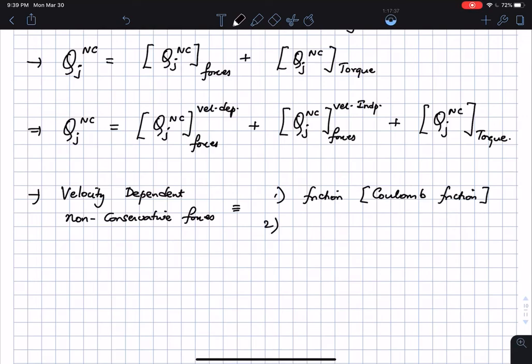Then another type of force that's typically seen in most mechanical systems is a damping force. These are the velocity dependent non-conservative forces. I just want to put a big box around them. These are the forces that we are typically going to be seeing in our problems.